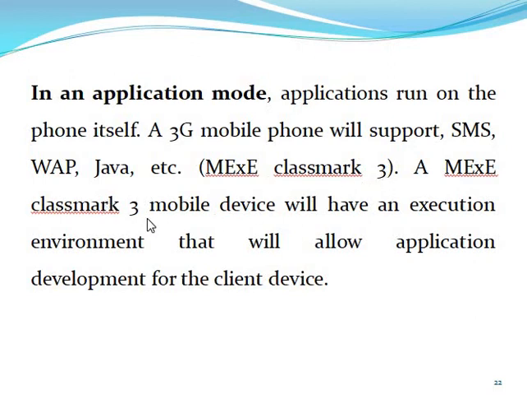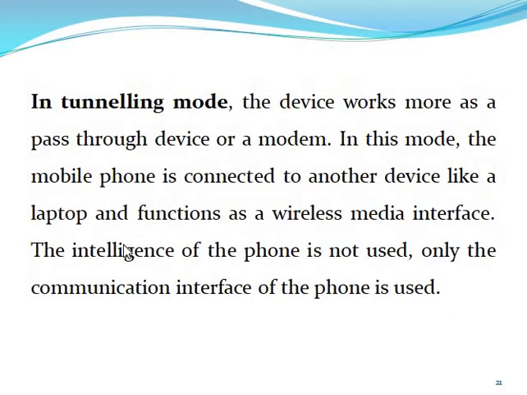A mobile device can execute an environment that allows application development for client devices. Any 3G service on mobile is used for connection of Java, and you can develop the application. But it is mostly used over a Wi-Fi connection, in the wireless network.